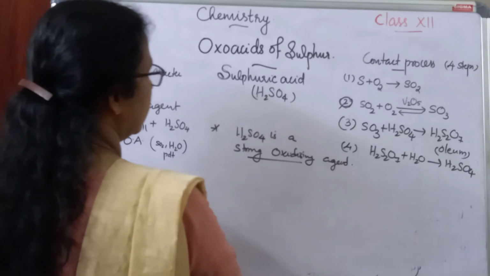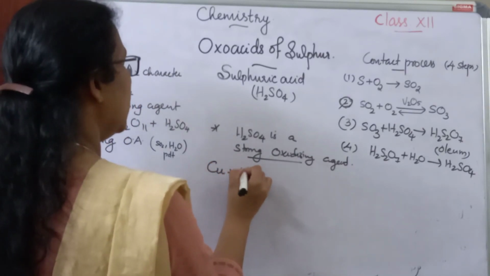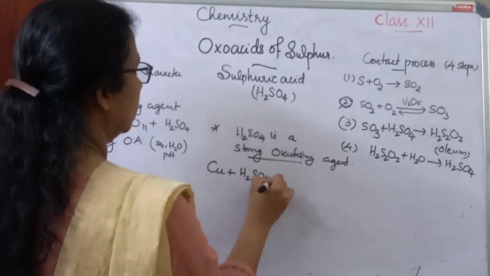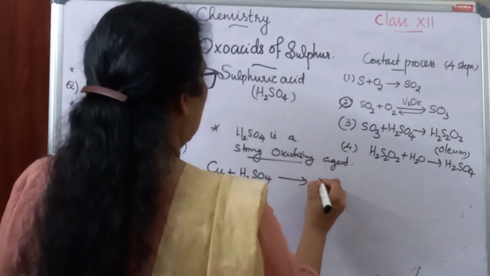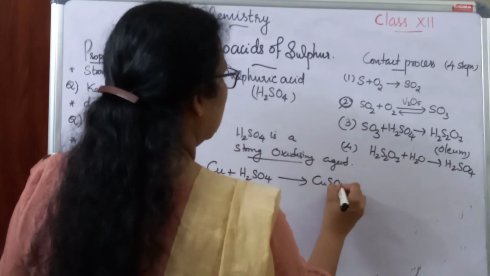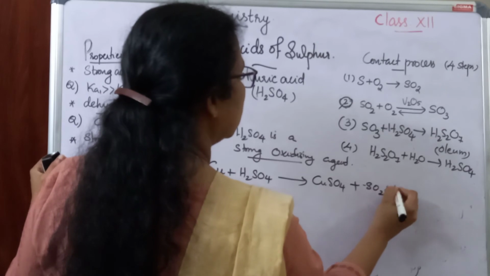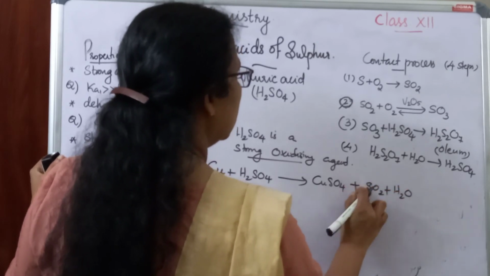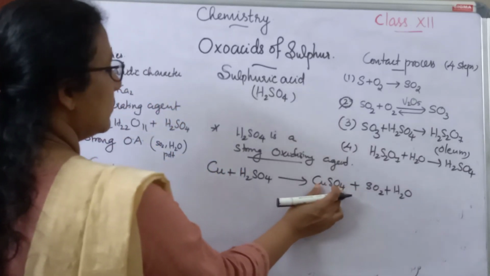If we use copper plus H2SO4, we will get CuSO4, sulfur dioxide and water. So sulfur dioxide and water will be the common products in all the cases.